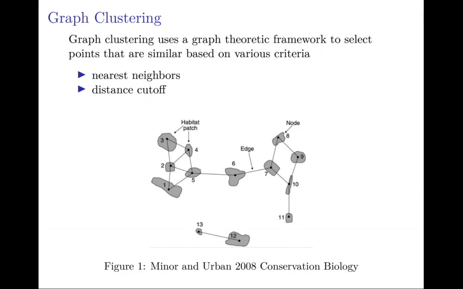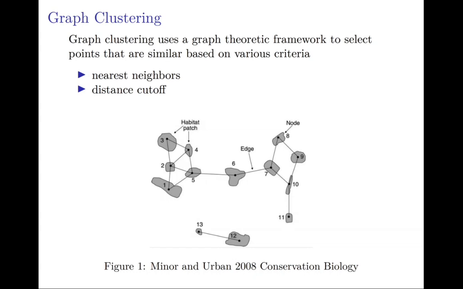But basically each point is a node or a patch. So each patch, you can see the little blobs, you can put a centroid in there, and that's a node. So each habitat patch here could be a node, but it could be anything, right? You could have your nodes be accessions in your LiPo data set. They could be individual plants, so they could be any row of your data set.